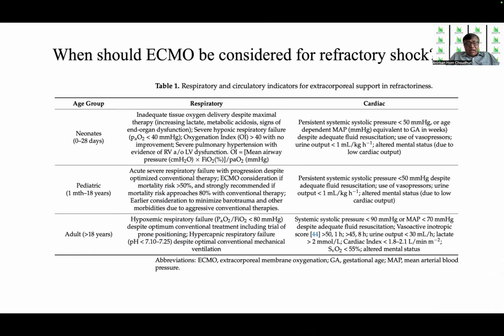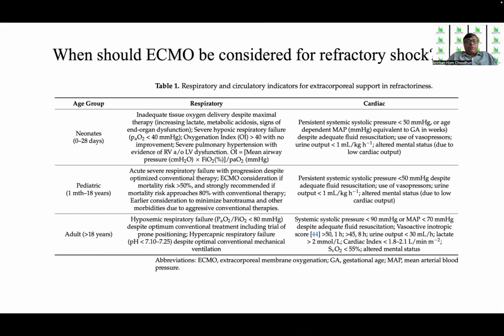And besides this, there are certain cardiac conditions like systolic pressure less than 90 or MAP of less than 70 despite adequate fluid resuscitation, vasoactive inotrope score, which I have mentioned, more than 50 at 1 hour or more than 45 at 8 hours, urine output less than 30 ml per hour, lactate more than 2, cardiac index between 1.8 to 2.1, SvO2 of less than 55%, altered mental status.